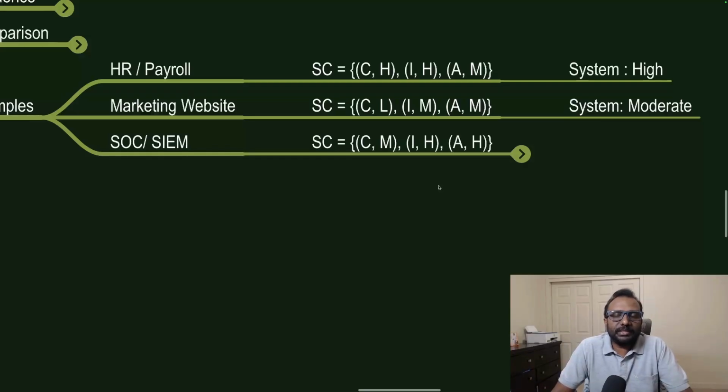If an attacker is there but you see that there is no issue, that means a big impact to the organization. So integrity is very high. Availability is very high. If the logs are not coming on time when there is an attack or an incident, it can cause damage to the organization. In this case, confidentiality is moderate, integrity is high, availability is high. What is the system category? The system category is high in nature.